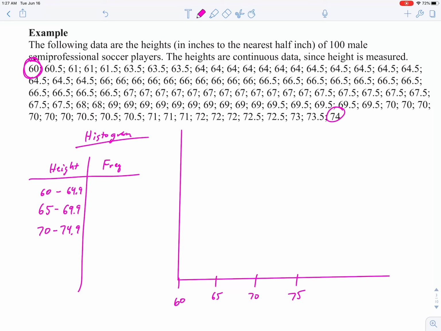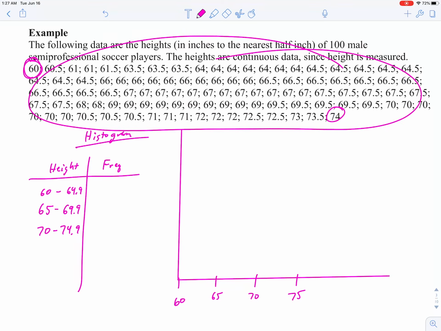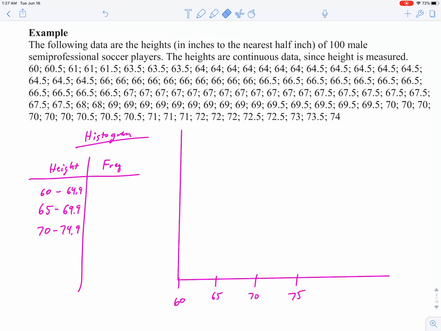Then what we're going to do is go through this big old list of data, and count how many values are from 60 to 64.9. I pre-counted these. Hopefully they work out right. I'm pretty sure they do.